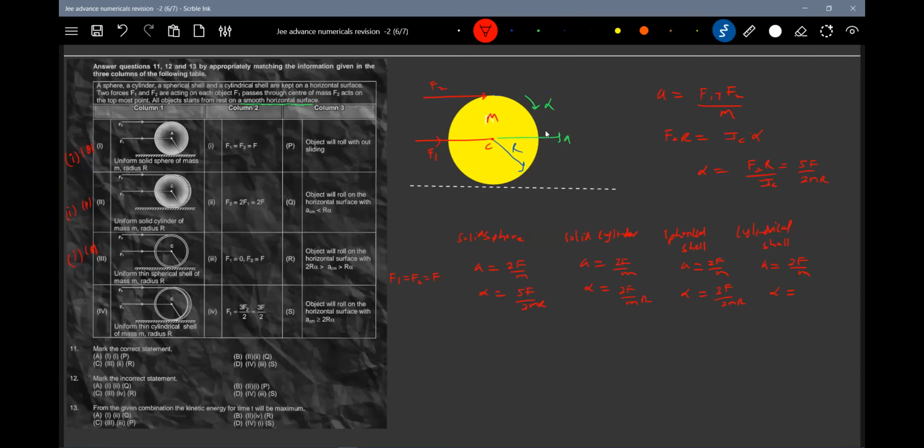A cylindrical shell, just mr square, will be F by mr. So ACM will become greater than R alpha.